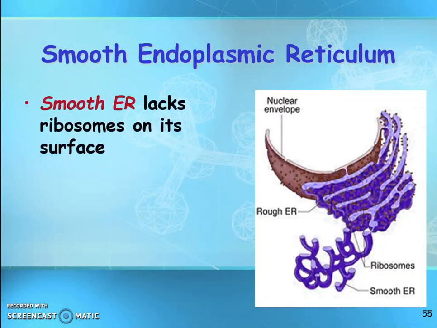Smooth endoplasmic reticulum, why is it called smooth? Because it lacks ribosomes on its surface. So basically the difference between smooth and rough endoplasmic reticulum is the ribosomes. If they are present, it is called rough endoplasmic reticulum, and if they are lacking, it is called smooth endoplasmic reticulum.